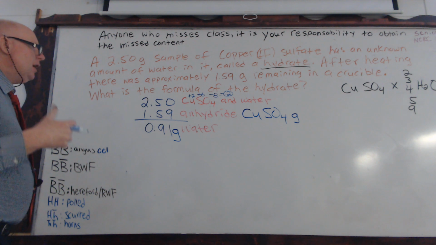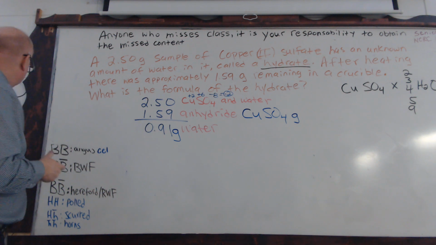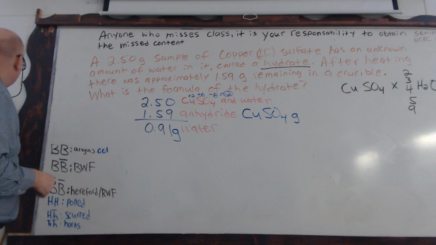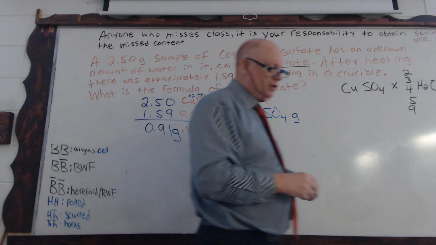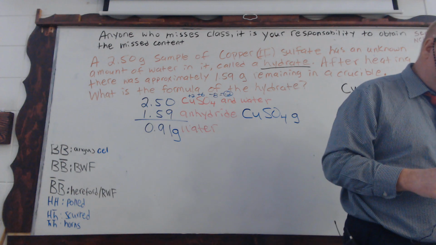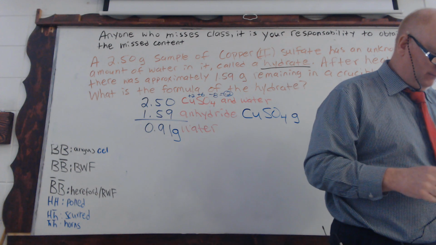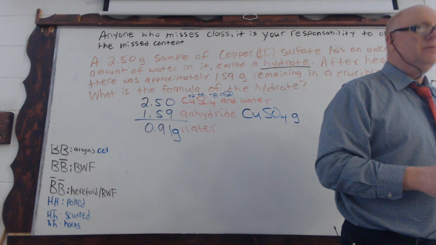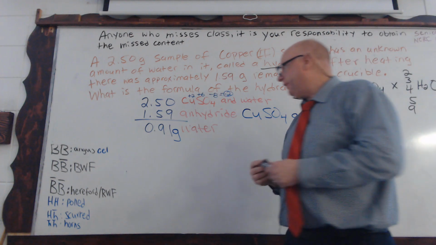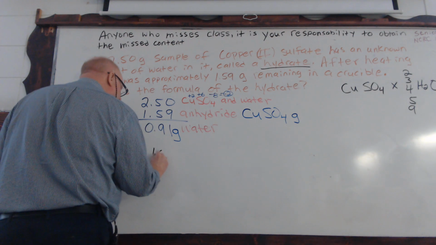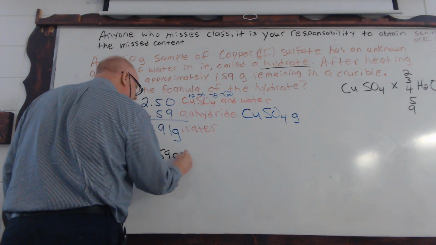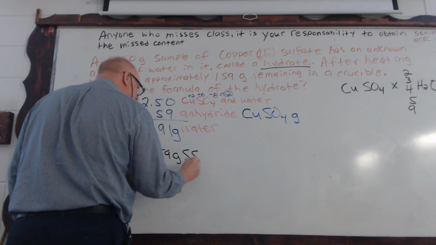So now that we see that there is a number measured in grams, we're probably going to change that to what would you guess or think? Right, you're going to change that to moles now. Okay? So then we've got 1.59 grams of copper 2 sulfate.